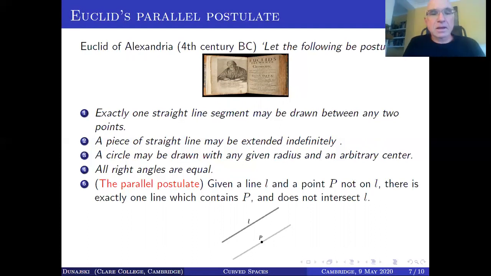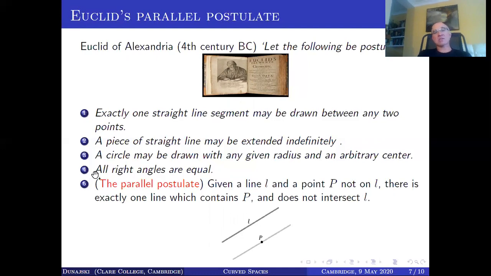And then the 5th axiom, known as the parallel postulate, states this. Given a line L and a point P not on the line L, there is exactly one line which contains P and doesn't intersect L. So on this diagram, you have L and you have P, and the light gray line is the unique line of Euclid's axiom.